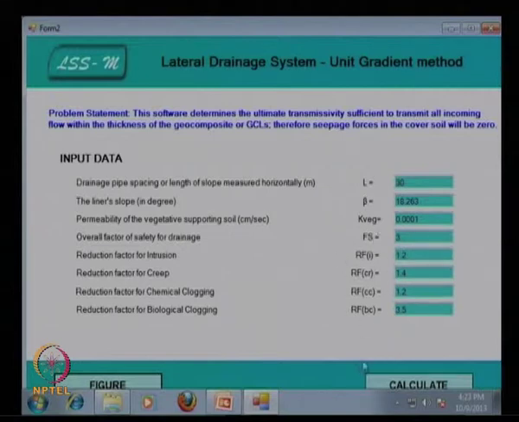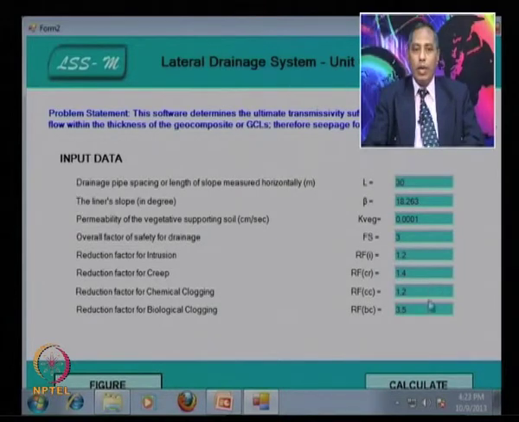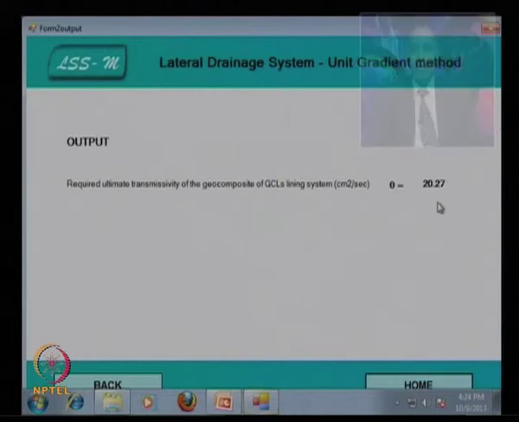These are the reduction factors for intrusion, creep, chemical clogging, and biological clogging. You are using 1.2, 1.4, 1.2 and 1.5, and then you calculate and find that the required ultimate transmissivity of the geomembrane geosynthetic clay liner lining system, theta, is equal to 20.27 centimeter per second.